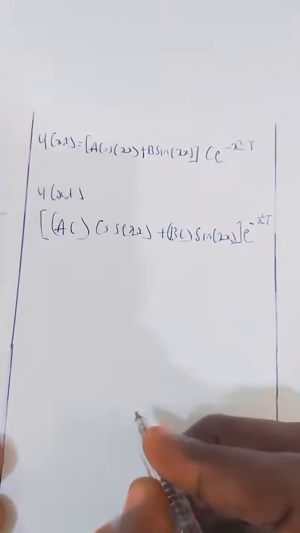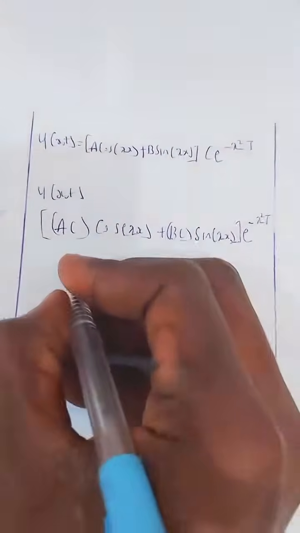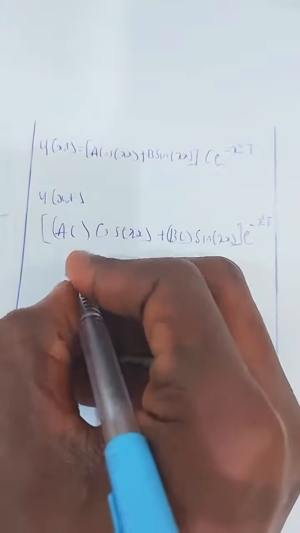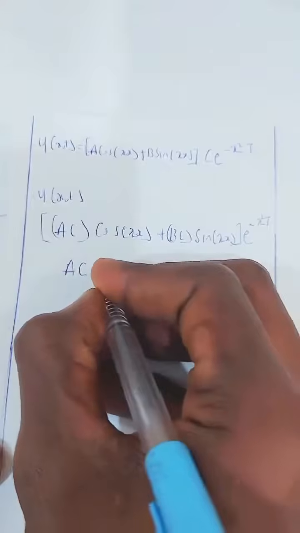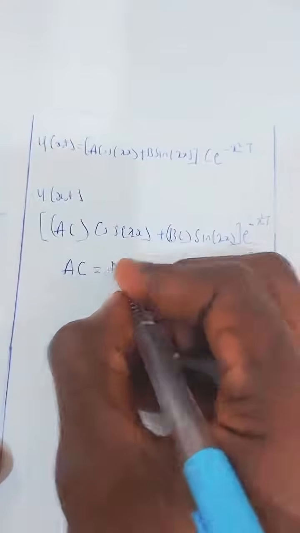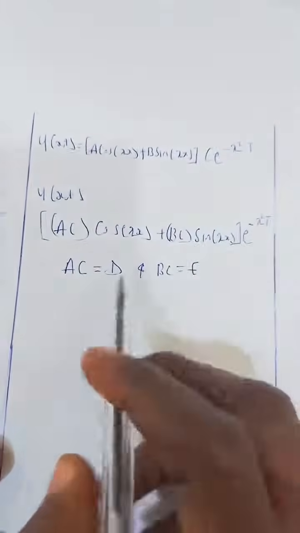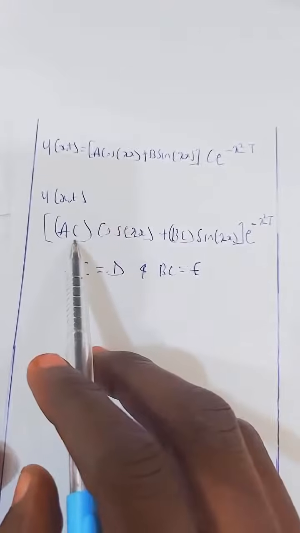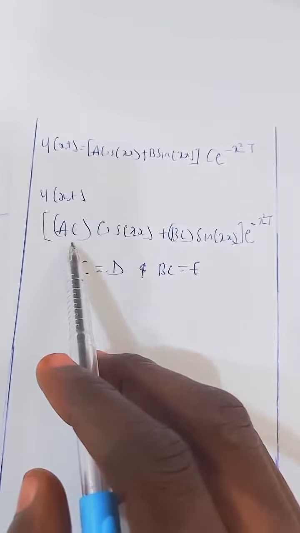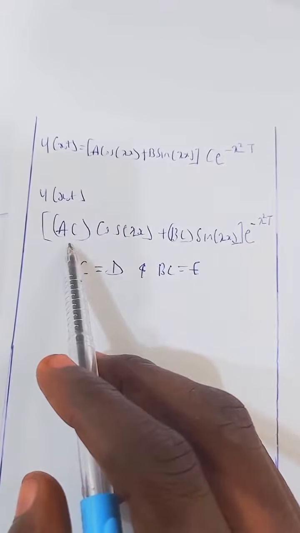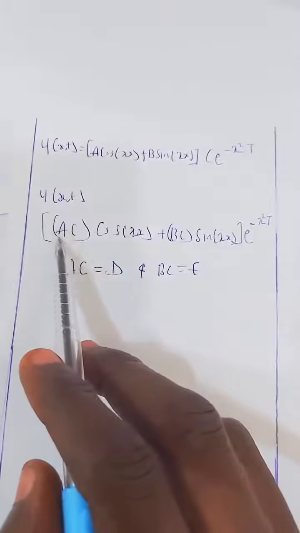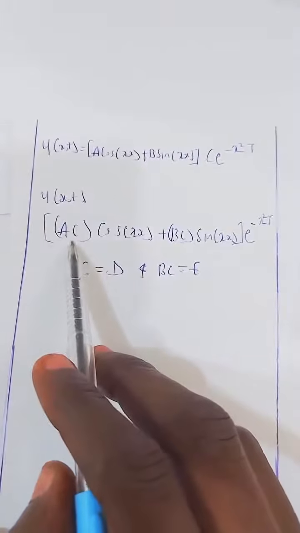Now to avoid repetition of variables, I'm going to take note that AC equals D and BC equals E, since each is a constant on its own.